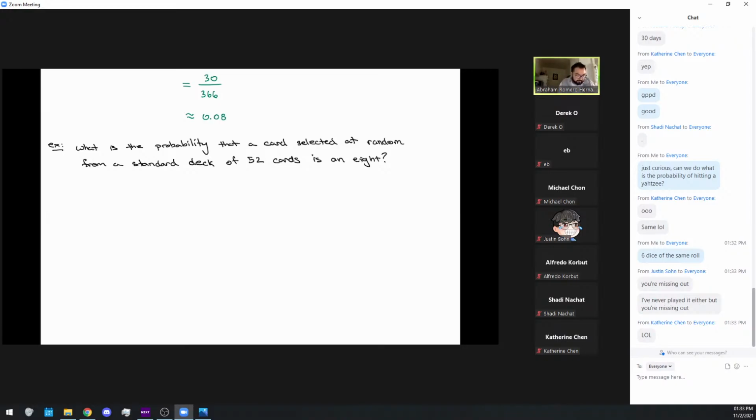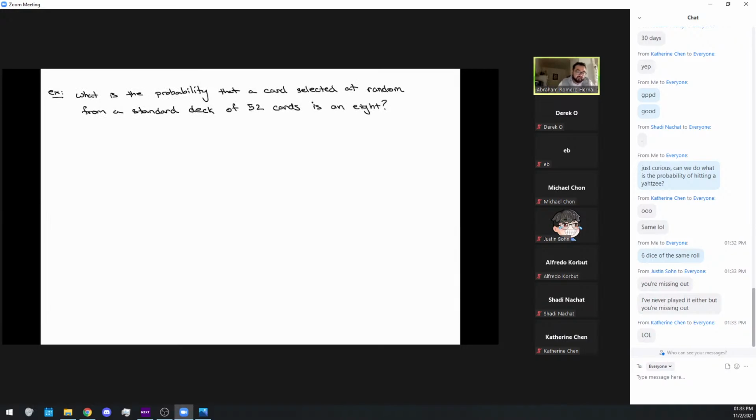Okay, first let's do this. What is the probability that a card selected at random from a standard deck of 52 cards is an 8? Well, first, you want to understand your events. You always want to write your event out because then it's going to tell you what it is. Obviously, if I give you this question as a short answer, you don't need to write down the event. You just literally have to give me the answer.